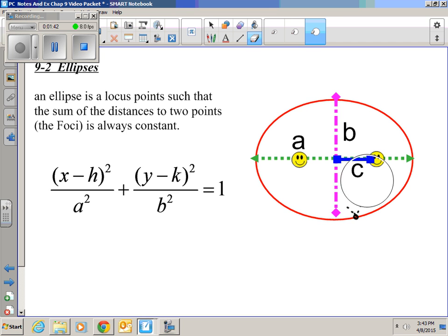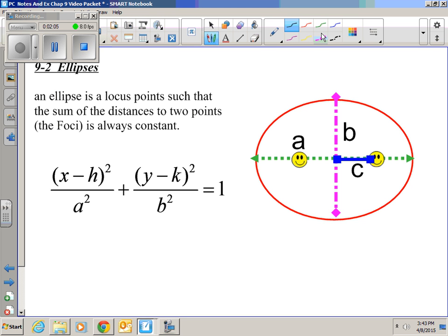Okay? So, there are several parts to an ellipse, and ellipses are much easier than parabolas. If my ellipse is horizontal, it is in the form of (x minus h) squared over a squared plus (y minus k) squared over b squared is equal to 1.